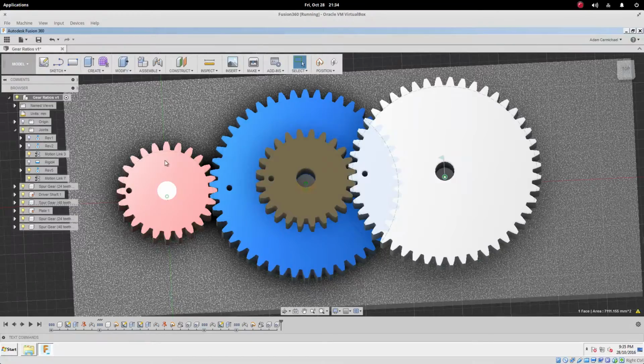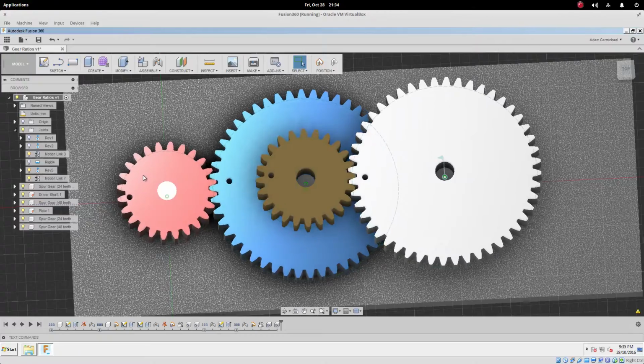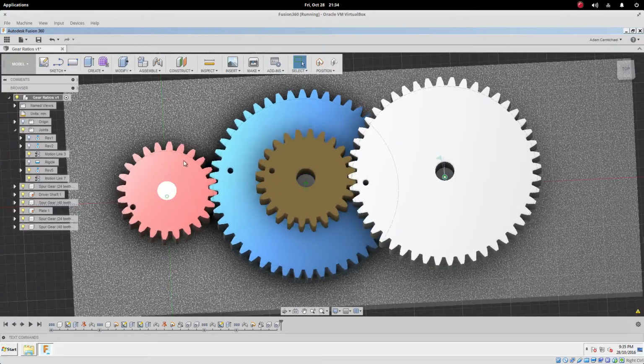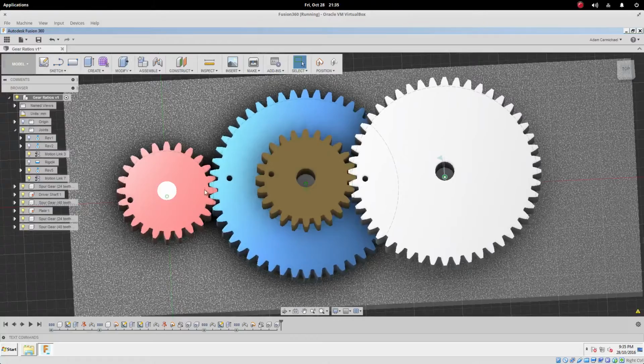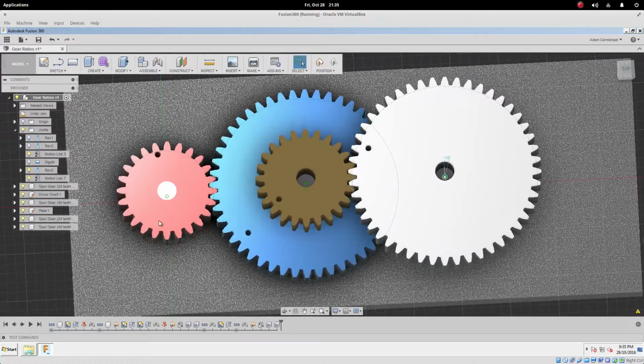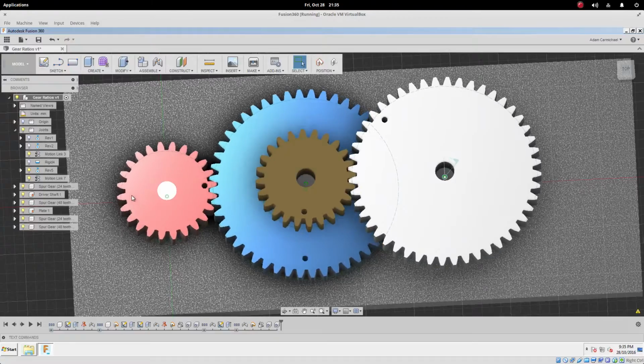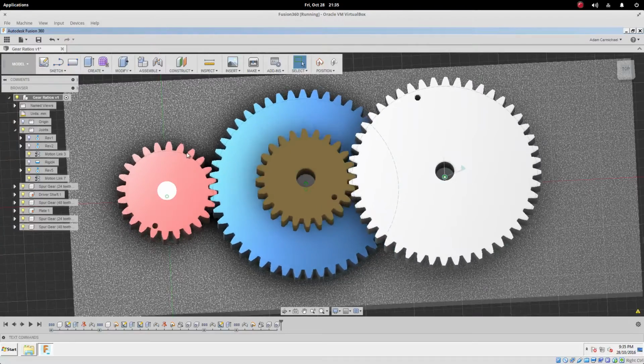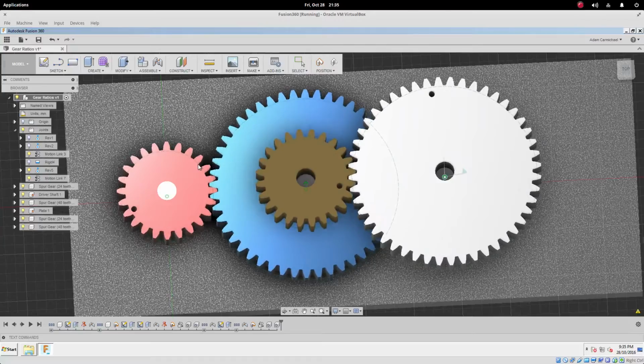And to see it in action, I'll just start turning the red one around. And so let me try turning it clockwise. So turning the red one around one rotation, and we can see the dot here, and there's going to be a dot under here as well, has gone a half a rotation for the middle gear.